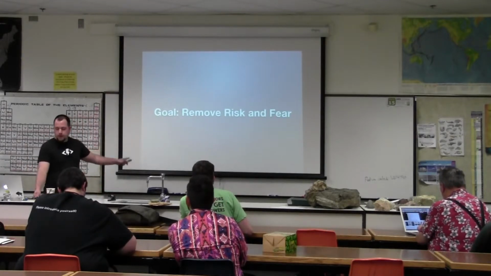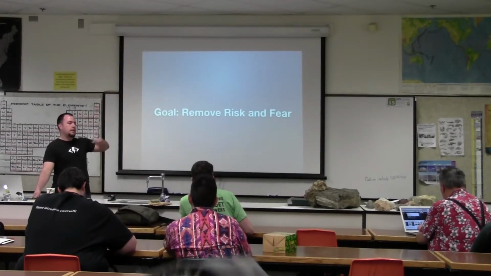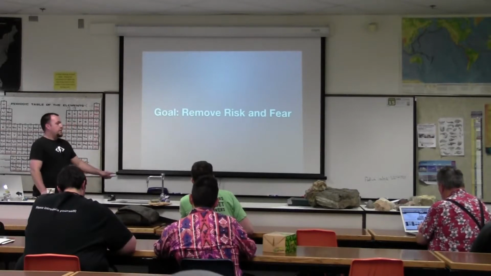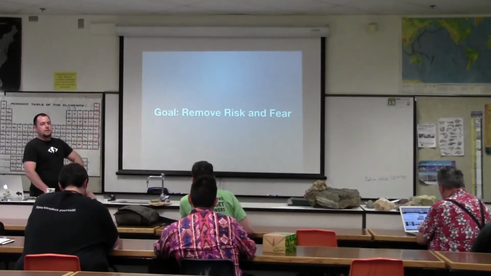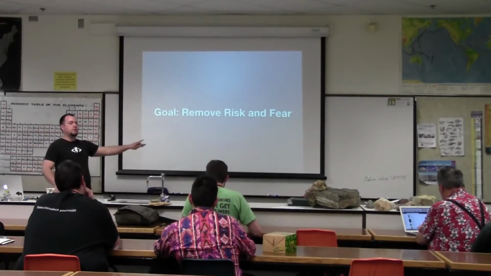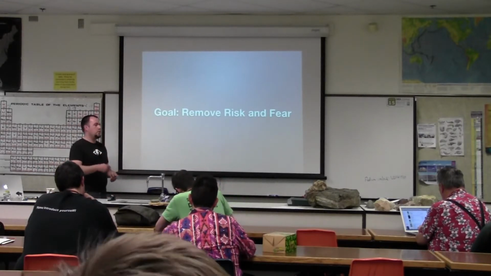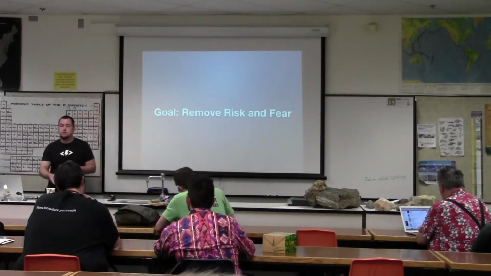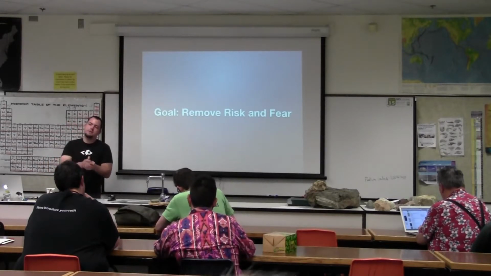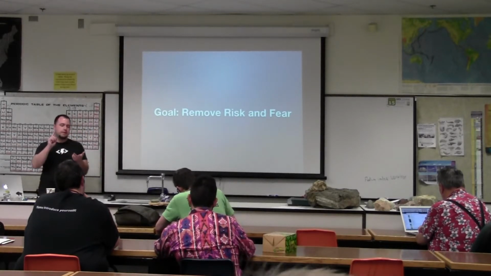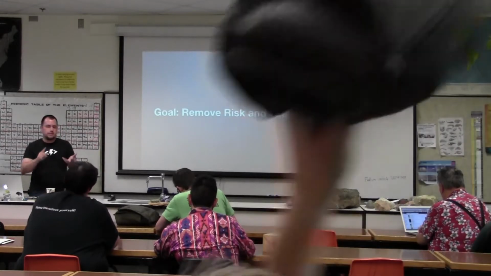So your goal in this stage, after you've started one and are helping the wider community, is to remove risk and fear from other individuals that want to start a group. That's your overriding thing: what can I do? If you wanted to start a group, what are your roadblocks? It's finding a location. How do I get a sponsor? Is anyone going to come?